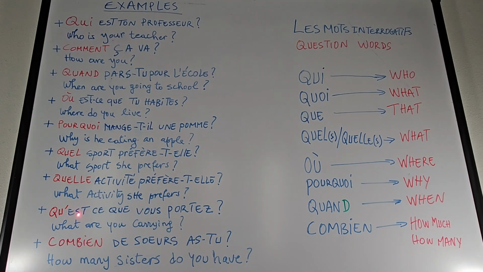But because the end of que is a vowel and the beginning of the verb is also a vowel, we put Q, U and the apostrophe, and we don't say the E. You just connect these two together with the apostrophe, which becomes qu'est-ce que vous portez?